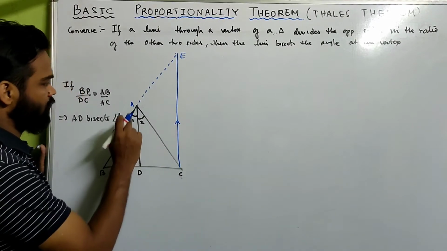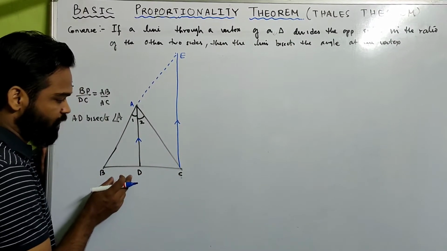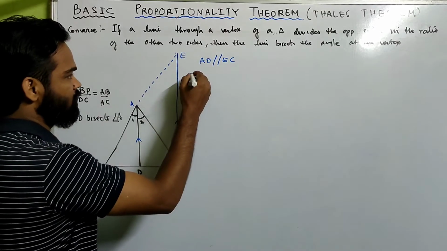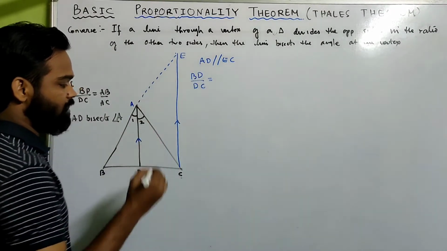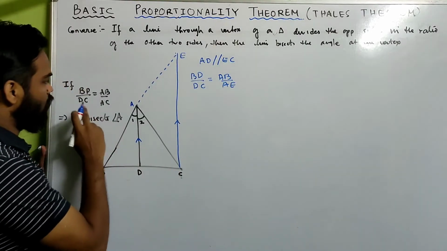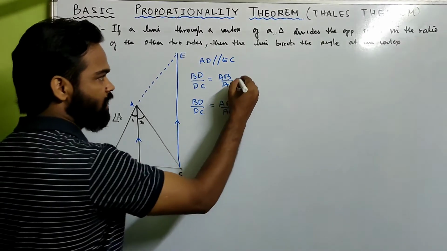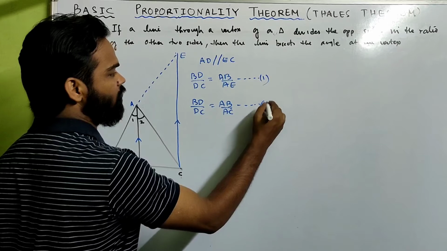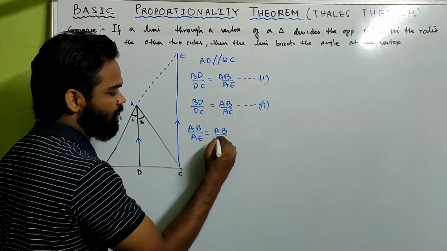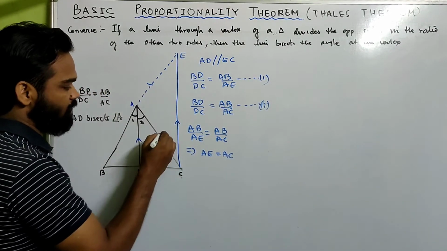Look carefully. First of all, AD is parallel to EC, which means by basic proportionality theorem, BD by DC is equal to BA, that's AB by AE, and it is already given that BD by DC is equal to AB by AC, which means if we equate 1 and 2, AB by AE will be equal to AB by AC, which simply means AE equals AC, which means this side and this side are equal.